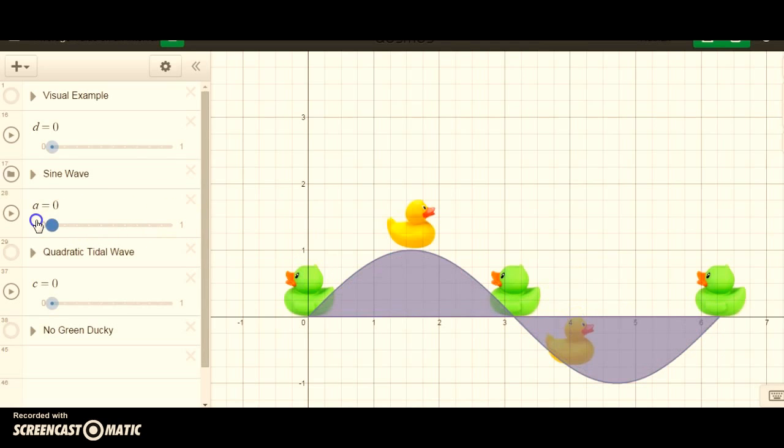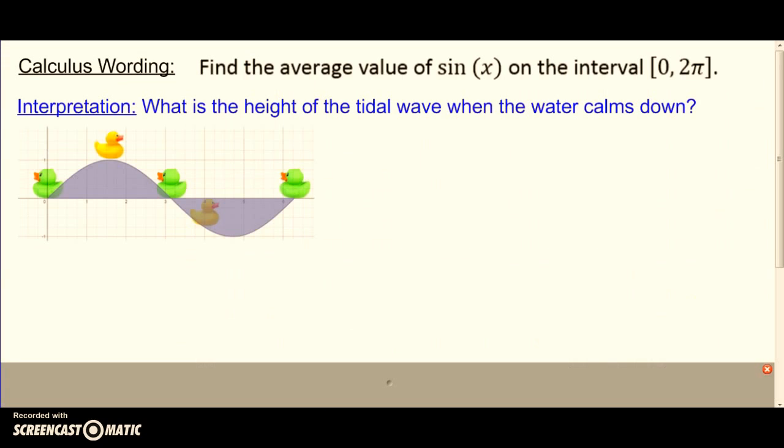So again, if we start from the original, as the water calms down, some yellow duckies fall, some yellow duckies rise, and there are 3 green duckies that stay at 0 because that's where they started at.